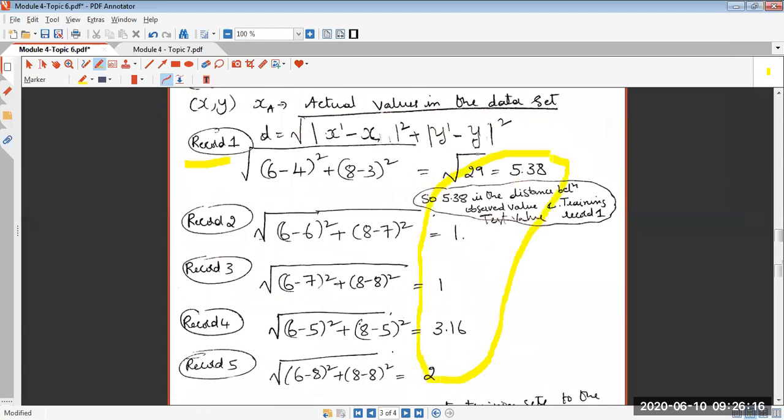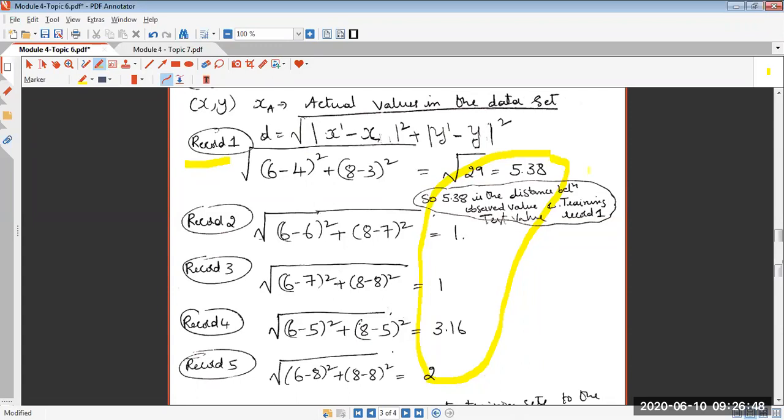Out of this result, how many values should be taken into consideration? That is the value of k. This will be given to you in interviews or exams. Consider three nearest neighbors, meaning the value of k equal to 3. That is why this algorithm is even called the k nearest neighbor algorithm, kNN. We'll study the details of it next semester in machine learning. This is just a starting point for you.